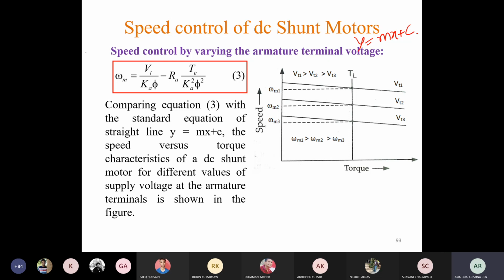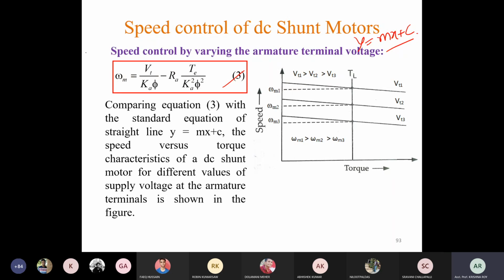So by comparing these two equations we can conclude that the speed torque characteristic of this shunt motor will be a straight line. This we have already seen while discussing the torque speed characteristic.